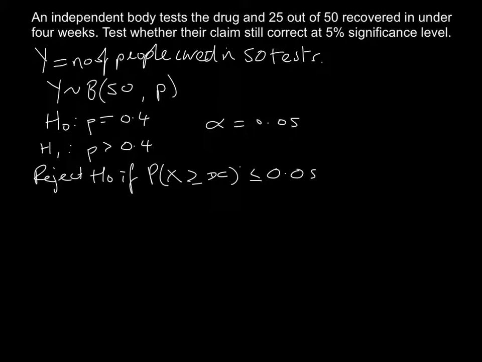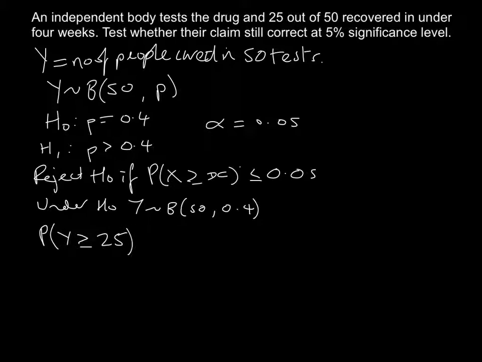So now we need to find the probabilities and carry out the test. Under H0, Y has a binomial distribution of 50 and a probability of 0.4, and we're finding the probability that Y is greater than or equal to 25, because 25 is the number of observed values in this case, and we are mirroring the inequality throughout. So the alternative hypothesis here is greater than.